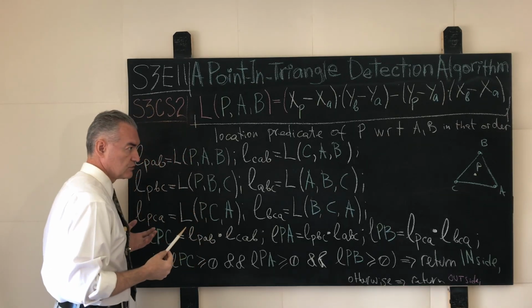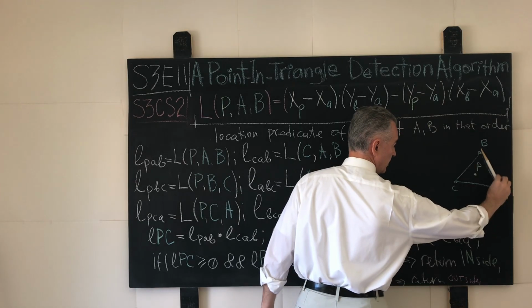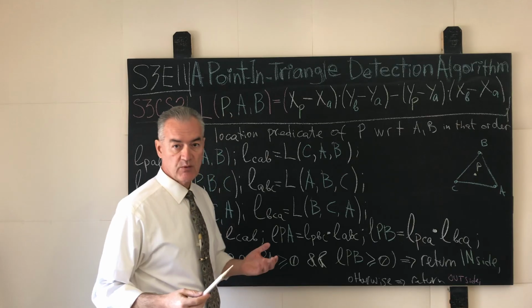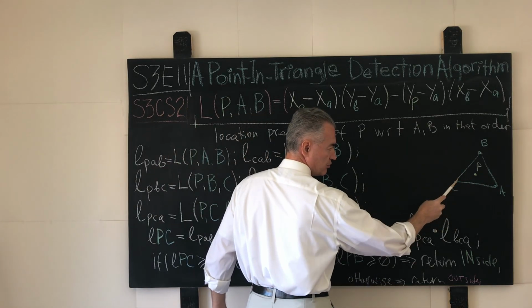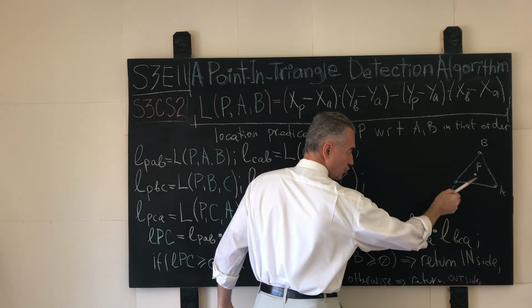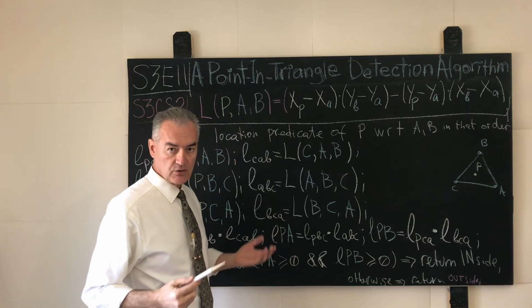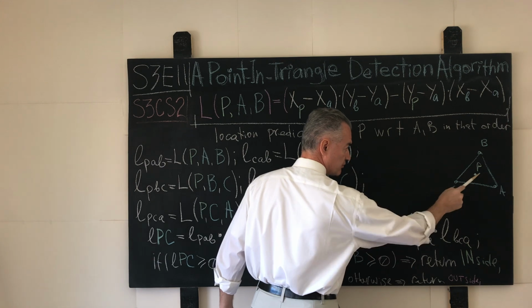So what do we do here? Well, let's say we fix the side of the triangle AB and the implied straight line that passes through these points. How many points do we have to work with? 2, exactly. The point P and the point C. Are these 2 points on the same side of the straight line? Yes or no? And how do we find out? Well, we compute the location predicates for both of these points.